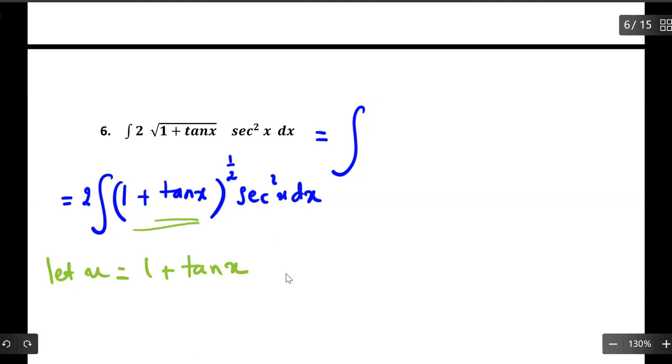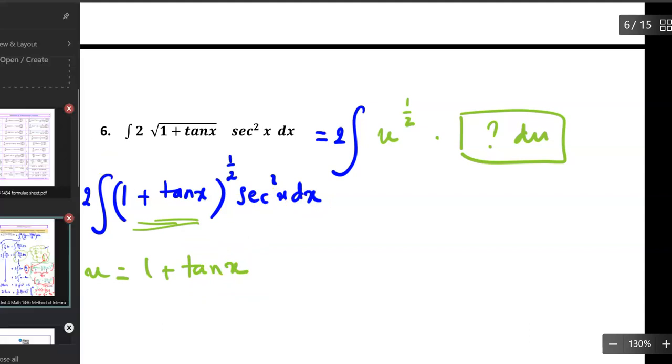So you see right here, I should have u raised to the exponent a half. I should write a 2 here. Now I must multiply this with something in terms of du. That du comes from the differentiation of this u right here. And what is the secant square x dx? Help me with this, because the derivative of tangent of x will involve the secant square of x.